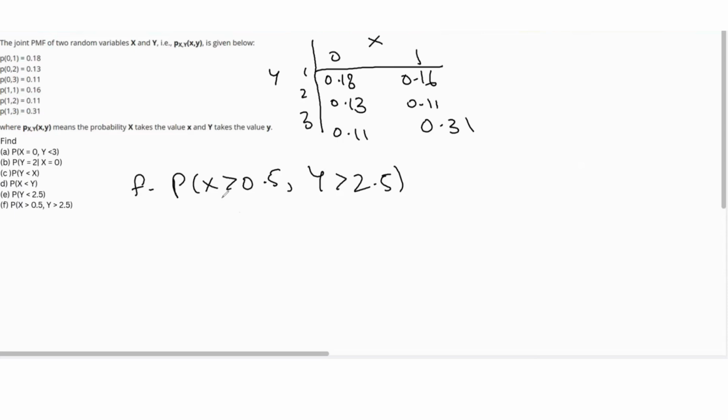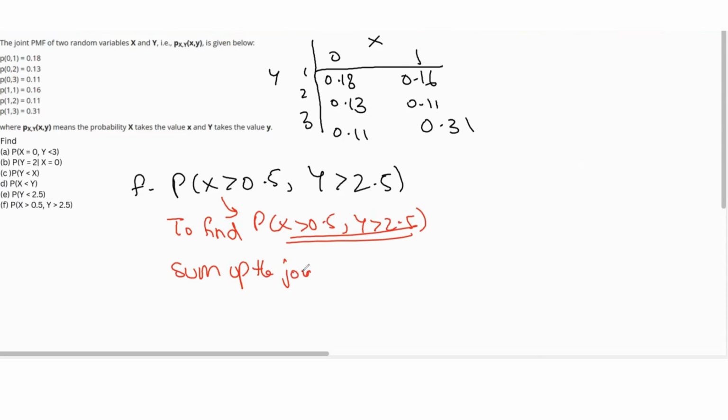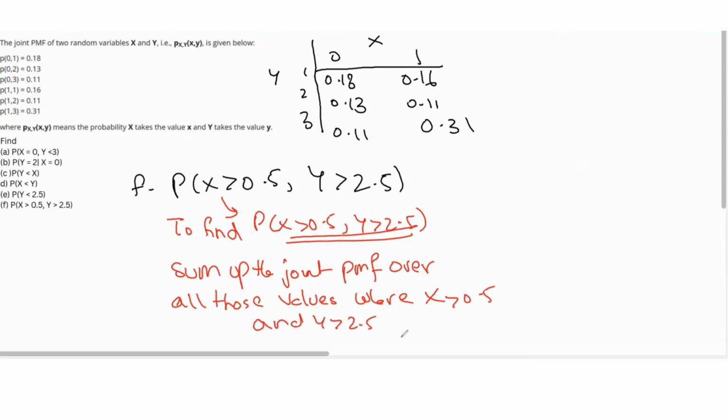We'll just sum up the joint PMF over those values where x is greater than 0.5 and y is greater than 2.5.